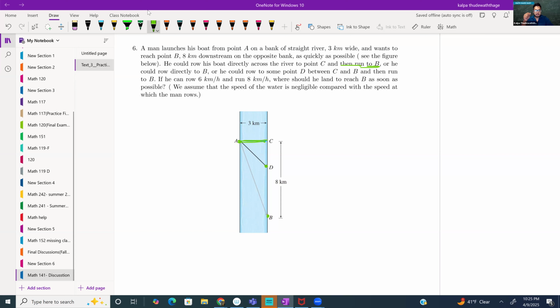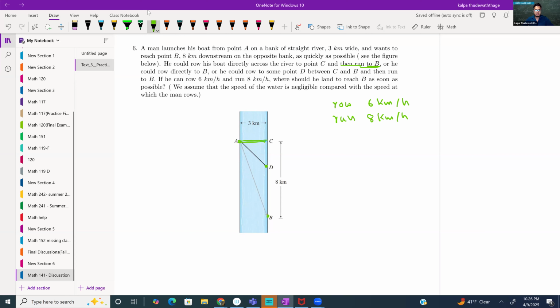So it says he can row 6 kilometers per hour. That's the speed of the boat, you can say, and he can run 8 kilometers per hour. So the question asks, where should he land to reach B as soon as possible?